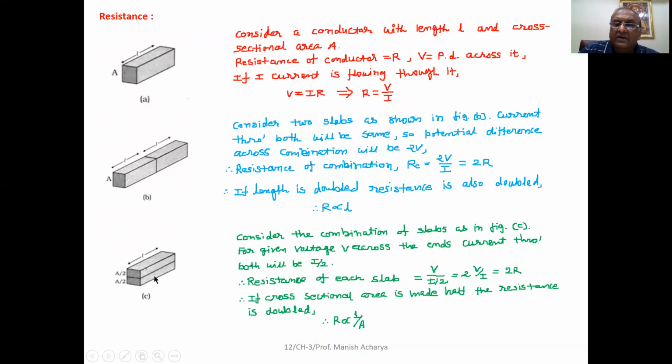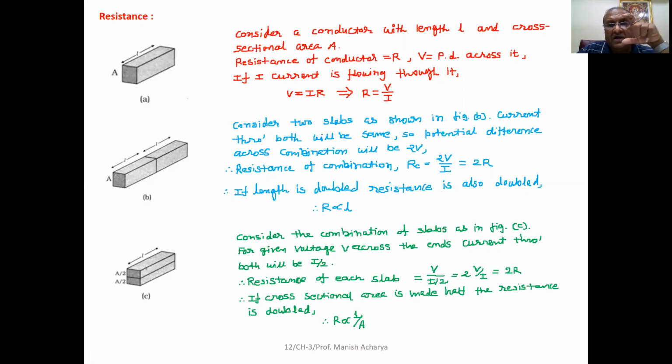If V volt potential difference is applied across the ends of the conductors, we observe that the current flowing through each conductor is I by 2.